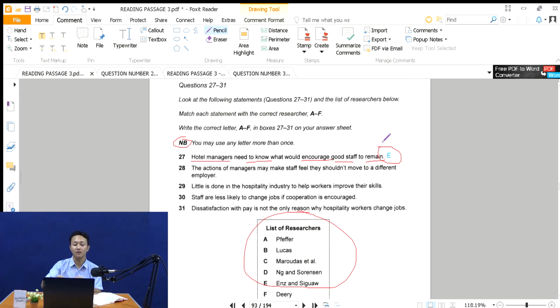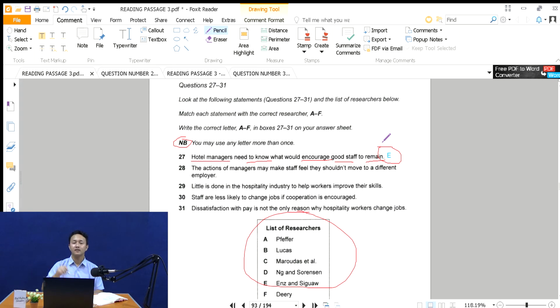Because they are people, that means you have to read the text and focus on finding the people, the researchers, in here. Do not forget also to highlight them.